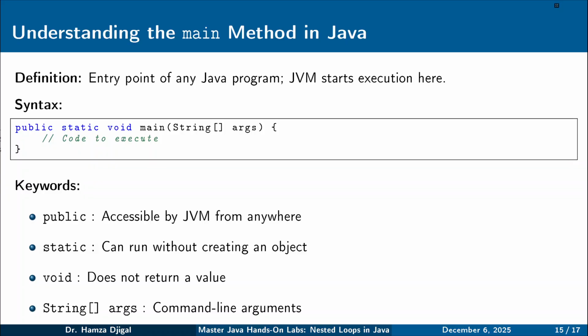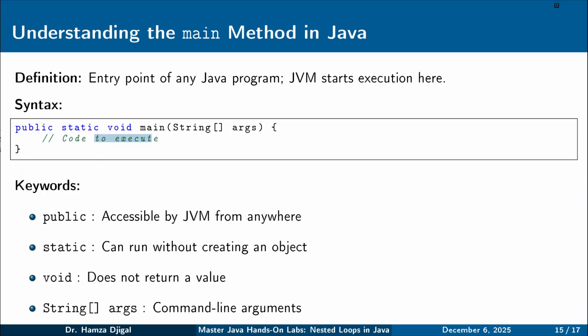So anything that will be executed from the code, even if it is thousands of lines, the first thing the JVM will check is what is inside the main method. If it finds a function or method call inside, it will go and check where that method is defined in the program.